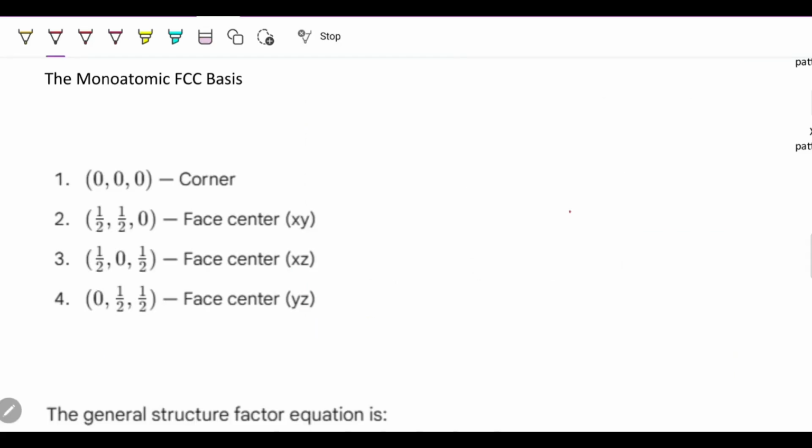So let's start with the monoatomic FCC basis. Monoatomic means that in this FCC lattice, there is only one type of atom, and that's why we are saying this is monoatomic.